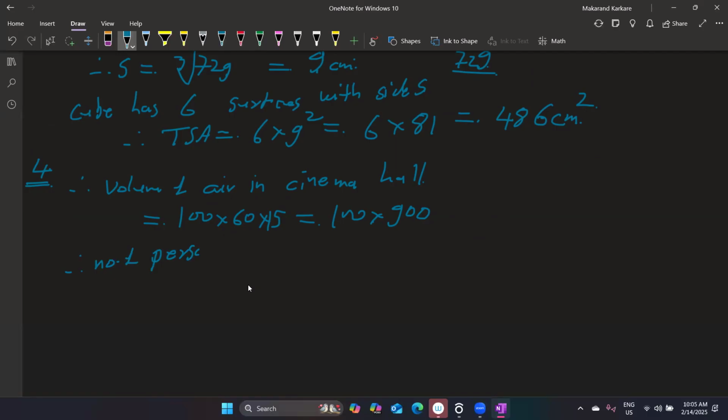And how will we calculate number of persons? Volume of air in cinema hall divided by volume per person.